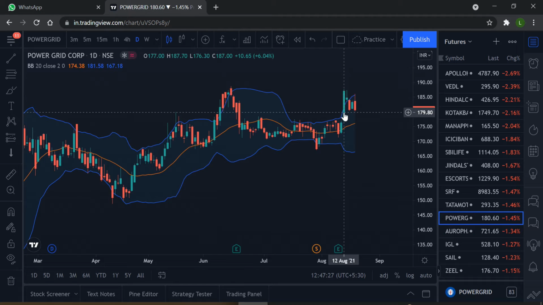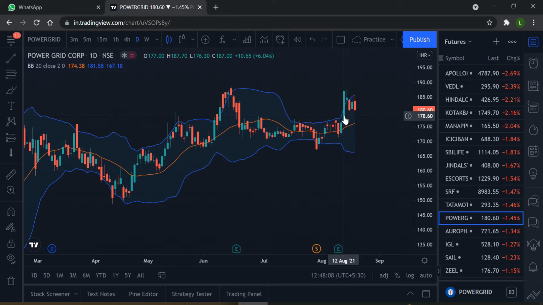When we discussed momentum, we discussed this point, but the same point also helps us identify the breakout. Whenever there is a squeeze between the upper and lower Bollinger Band, and then the candle starts forming on either side, for example here the candle has started forming above the upper Bollinger Band, then we can start thinking about whether there is any breakout.